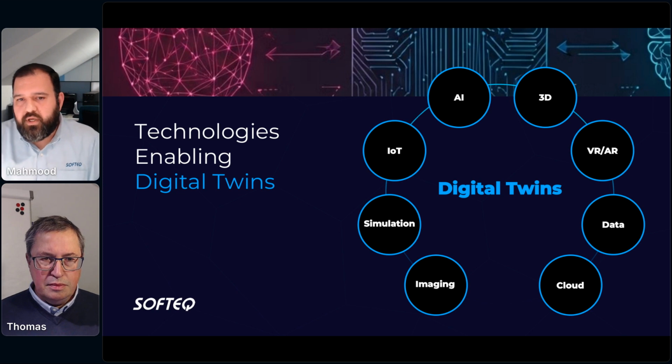And one hot topic is data analysis and also the AI. So these two spaces, these two paradigms can work together to give more value to the digital twin. I would say maybe because of this advancement in data analysis and artificial intelligence, we can have this spread usage of digital twin now, because we can now process that data.